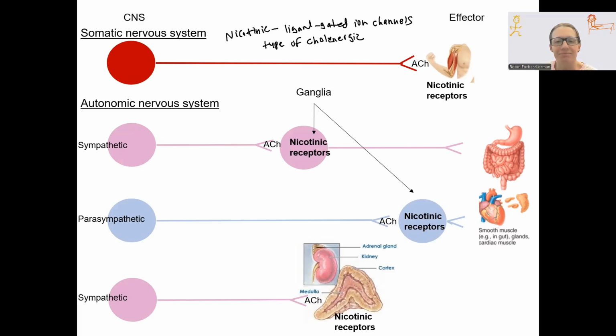Then we've got acetylcholine also released from this ganglionic neuron. This is going to bind to a muscarinic receptor.